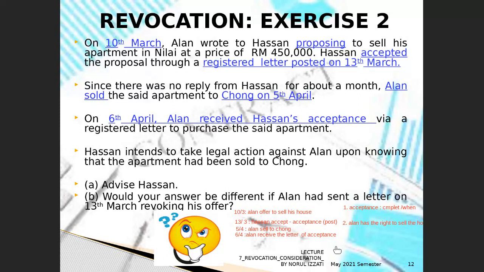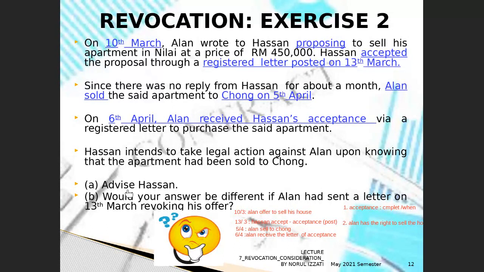When the acceptance is complete, Alan does not have the right to sell to someone else. So that is the key point that you can write down to explain the advice to Hassan. Okay, and then what if I change the question, advise Ellen?